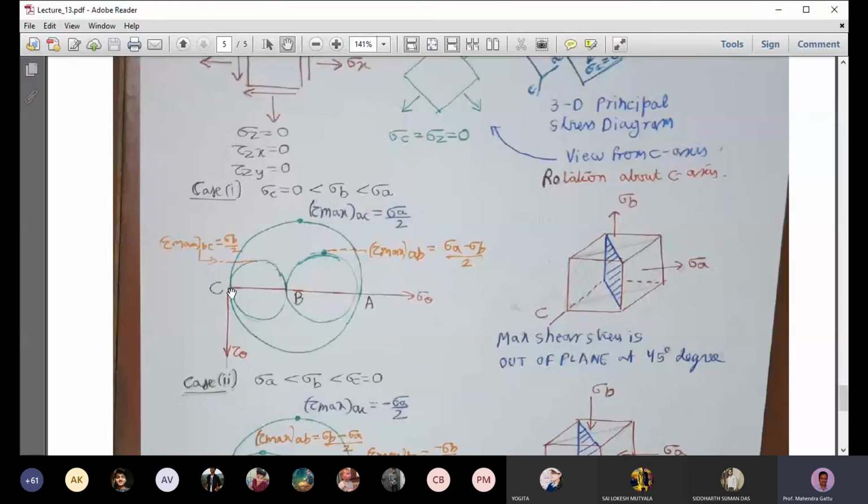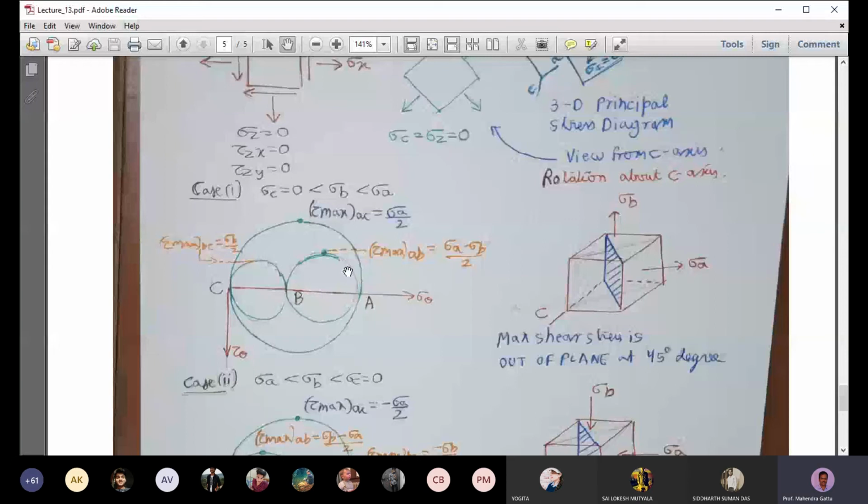So for C it is 0, 0, B will be sigma B, 0, and A will be sigma A, 0. Now we can draw the Mohr circles. For AB we'll get this circle, for BC we'll get another circle, and AC will get the biggest one with the largest radius.